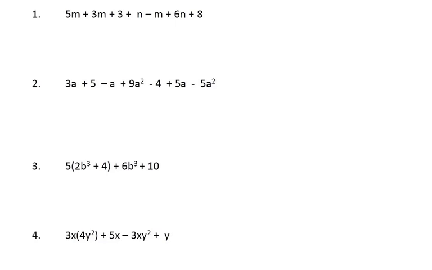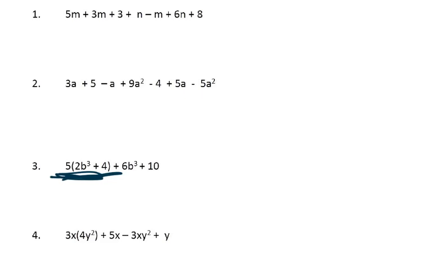Okay, now, number 3, we have 5 times the quantity 2b cubed plus 4 plus 6b cubed plus 10. So we do have to distribute here. Right, guys? So I'm going to go ahead and rewrite this over here.